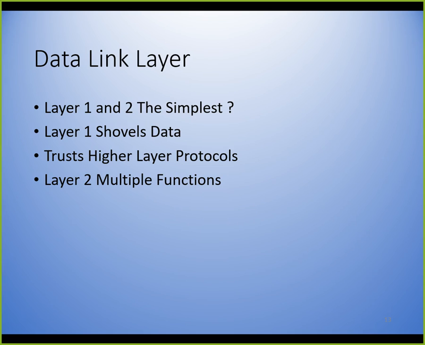The data link layer. Layer 1 and layer 2 are the simplest. And honestly, if you look at all the things that happen, they're not exactly the simplest. You'd think they would just say, we're going to change it to ones and zeros. But we have to figure out some way to put those ones and zeros, what process we use so they're readable when they get to the other end. What are the voltage levels going to be? What kind of media are we going to use?